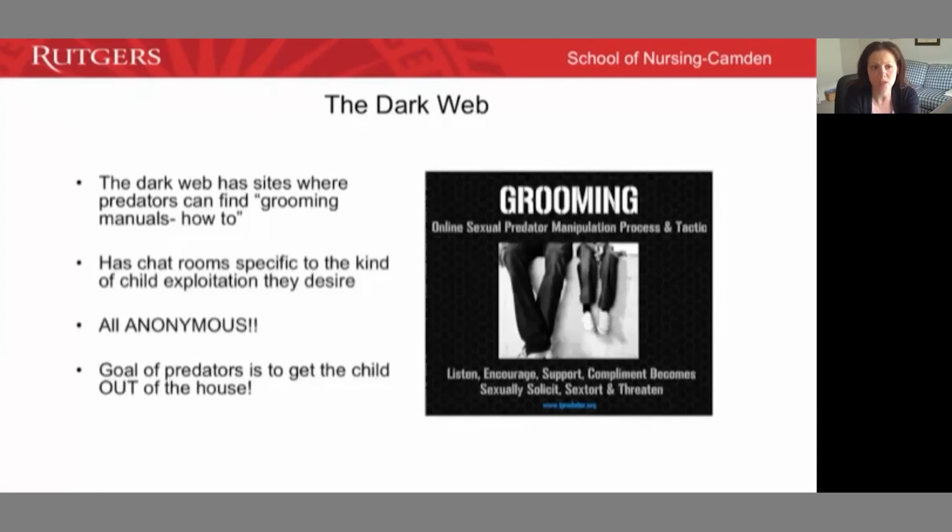Although the specific actions are different, traffickers usually follow the same steps, from gaining the victim's trust, to providing the victim's needs, to isolating the victim from other people, and then forcing them into a trafficking situation where they can't get out of it. They feel alone. They feel secluded. Predators and traffickers can also learn about grooming through chat rooms, and they may also use chat rooms to lure their victims.